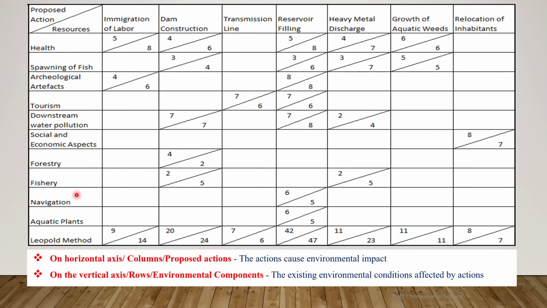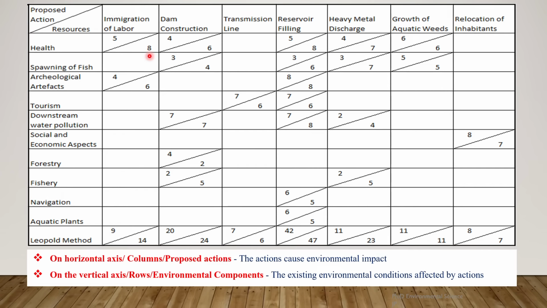Now the intersections of the rows and columns contain two numbers. The number at the top indicates the magnitude of the impact, on a scale from 1 to 10, and the number at the bottom indicates the significance of the impact, again from 1 to 10. Now how will you interpret the matrix?